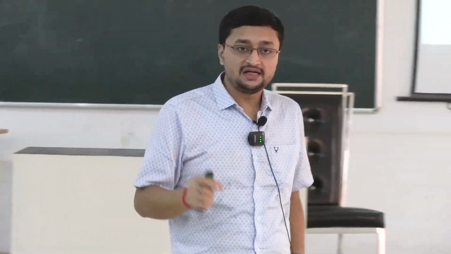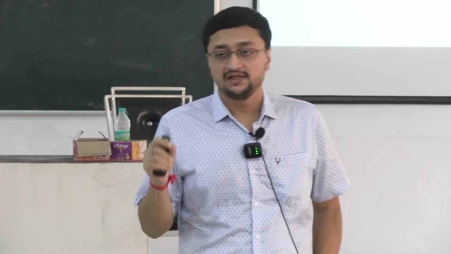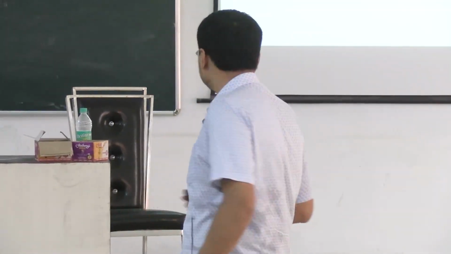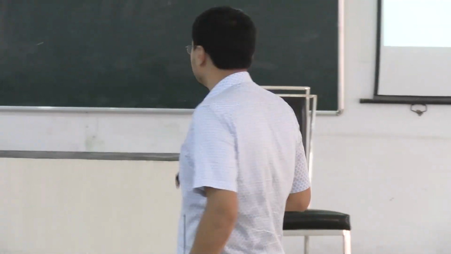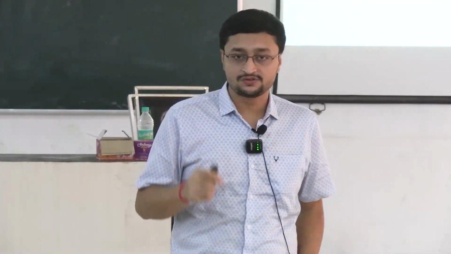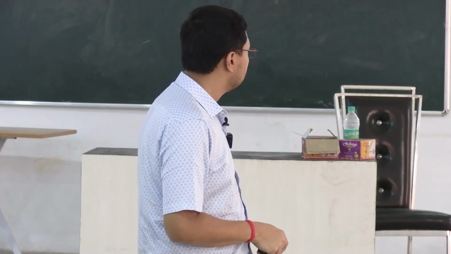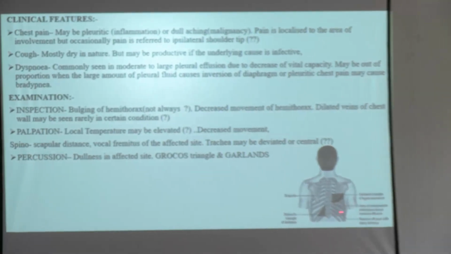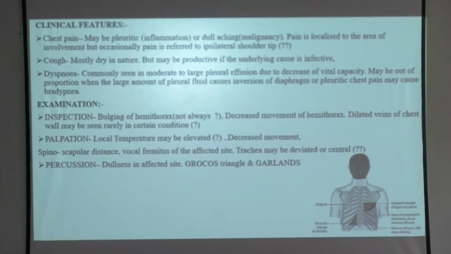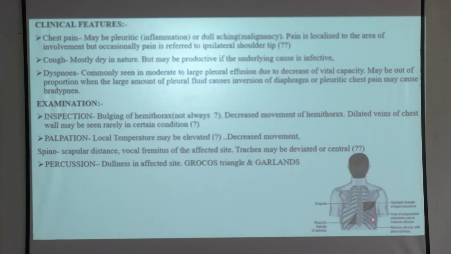Percussion: dullness, maybe stony dullness on the affected side, and there are two triangles called Grocco's triangle and Garland's triangle. Suppose this is the area of pleural effusion.